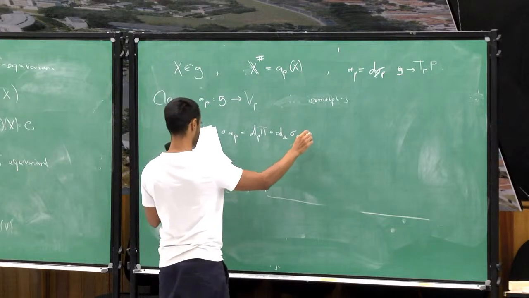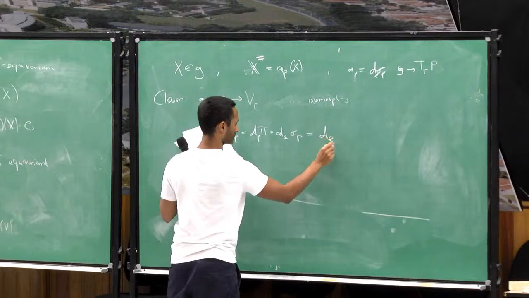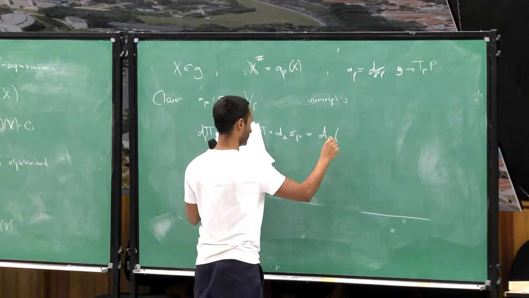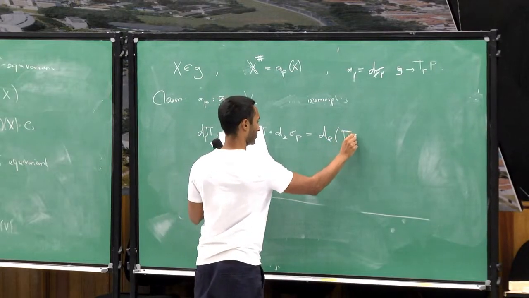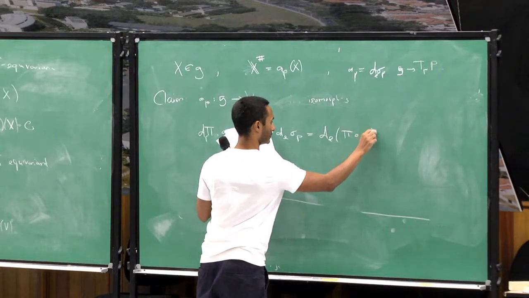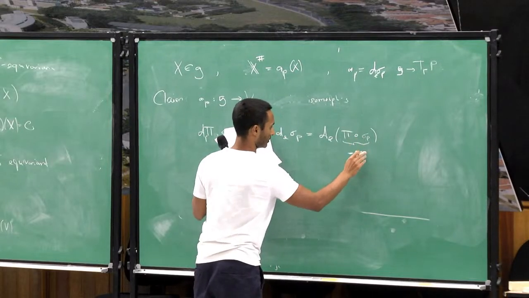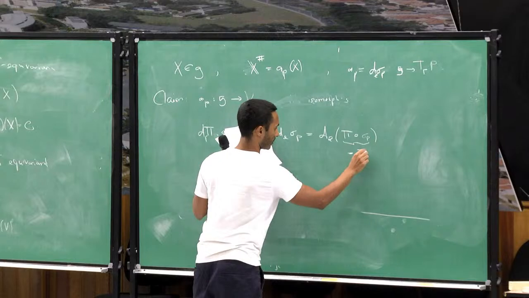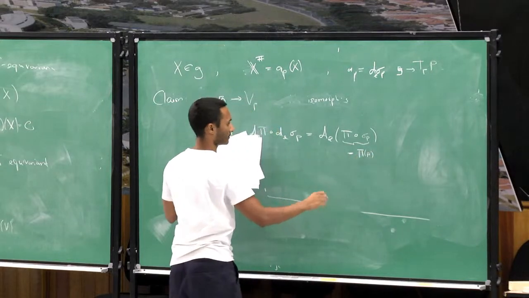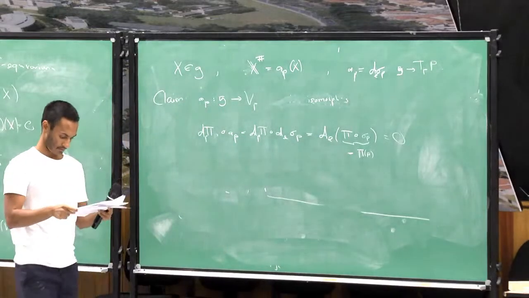Now we use the same trick as before. This is the same as the derivative at the identity of pi composed with sigma_p, and this is always constantly sigma_pi(p). So therefore this guy is zero.